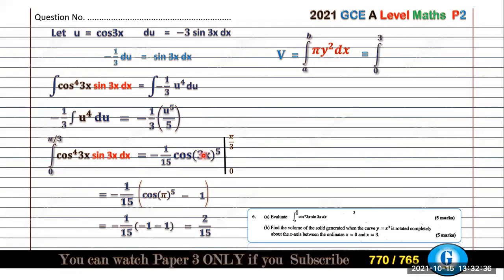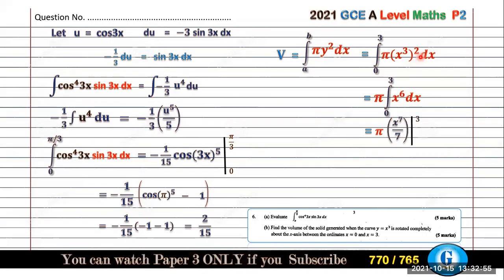So this will give us the integral from 0 to 3 of pi x to the power 3 all squared dx. So this is pi times the integral from 0 to 3 of x to the power 6 dx. So this will be equal to pi into x to the power 7 on 7 from 0 to 3.